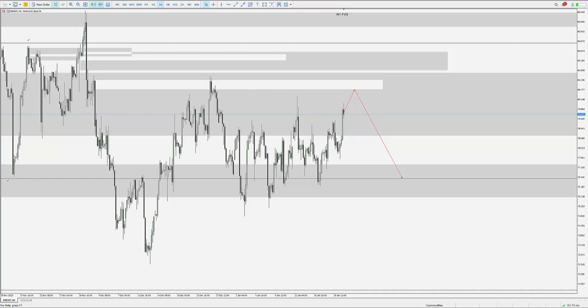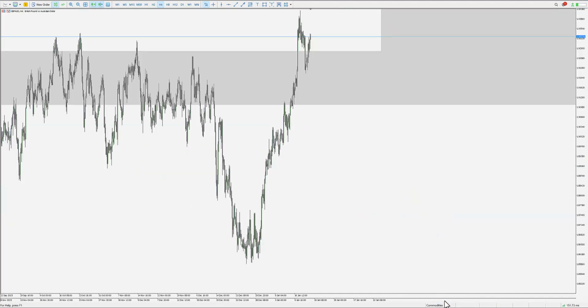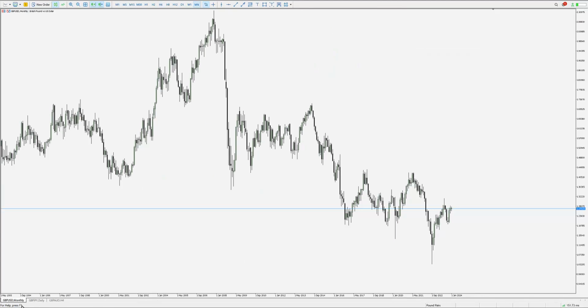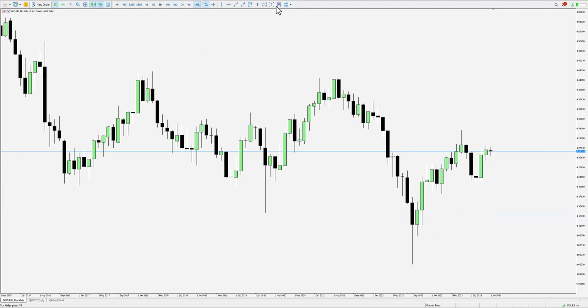Then finally we've got pound USD. Easy. This one is easy. Looking for shorting opportunities here on pound USD. As long as dollar remains strong, right, irrespective of positive news for pound or whatever, this one is going to trade lower, right?